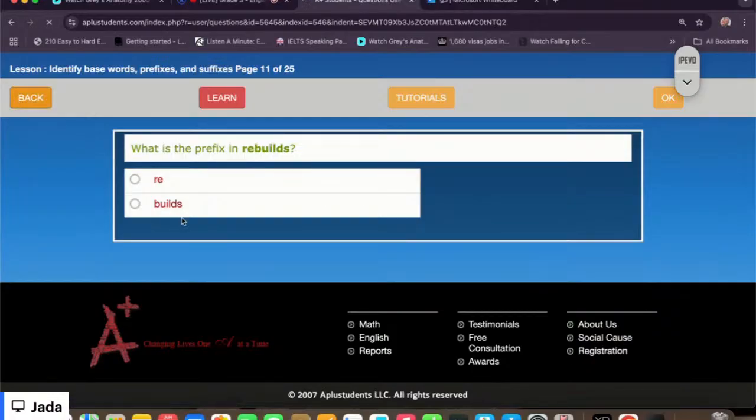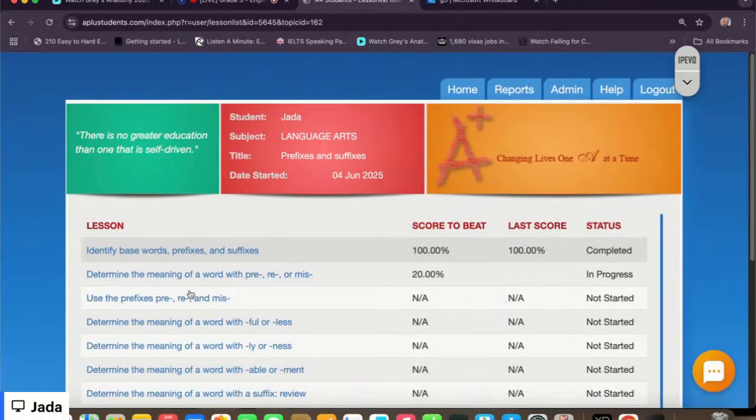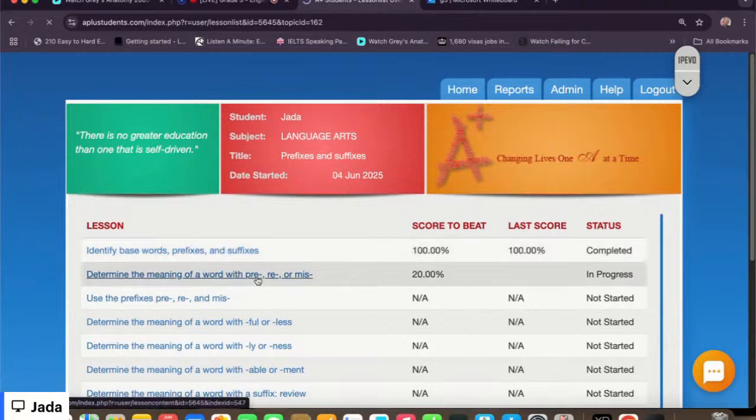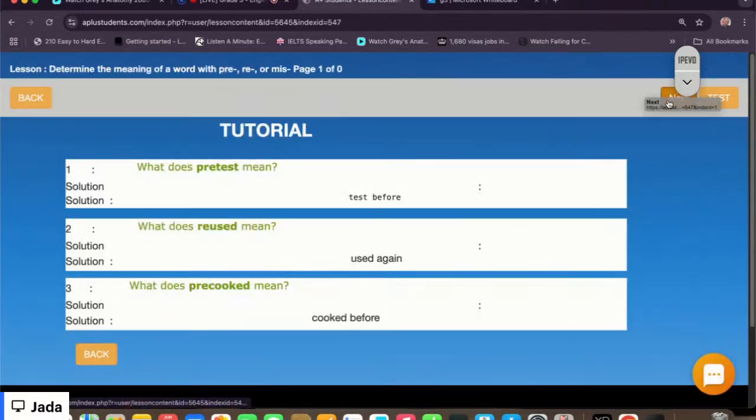Okay, so the next one would be determine the meaning of a word with pre, re, or mis.